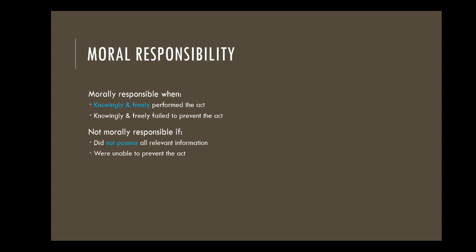So we can say that moral responsibility applies to adults, men and women, who know what they are doing and freely do what they want to do. Not morally responsible if they did not possess all relevant information and were unable to prevent the act.